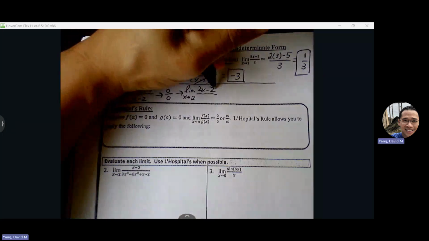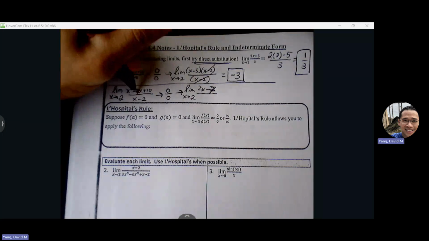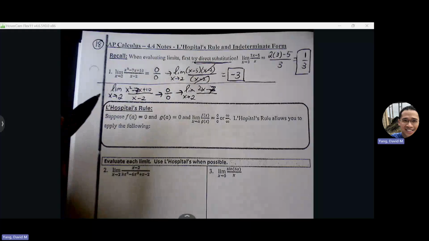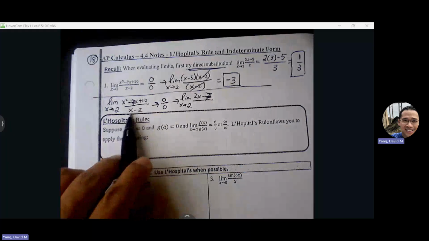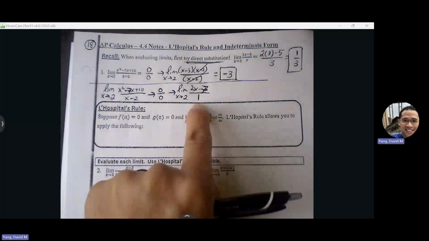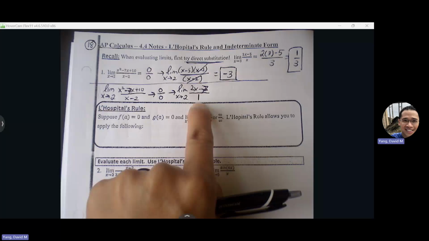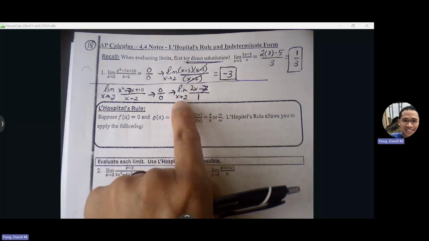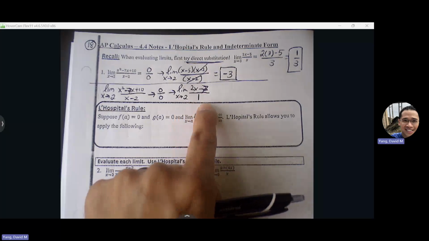Sorry, 7. Yeah, I didn't write it well. Yeah, 2x minus 7 up top. And the bottom, x minus 2 becomes 1, right? X becomes 1, 2 goes to 0. So now we have a different version of the problem for us to find the limit. Okay, so now I'll reevaluate the limit and we get 4 minus 7, which is -3.